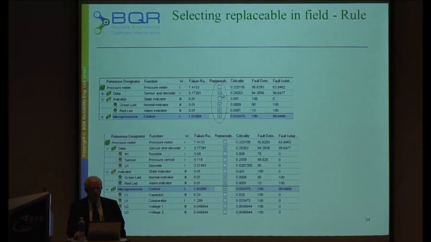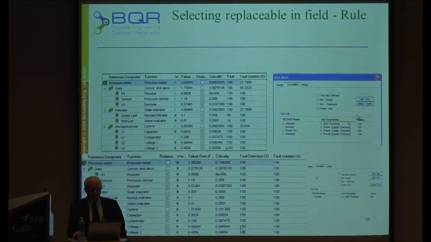And of course, we need to define what is the replaceable assembly on that level. So this is a rule. What is the replaceable unit? Do we replace the whole assembly, or do we replace the component?